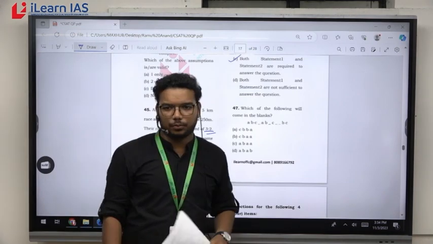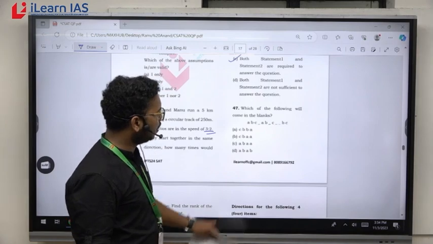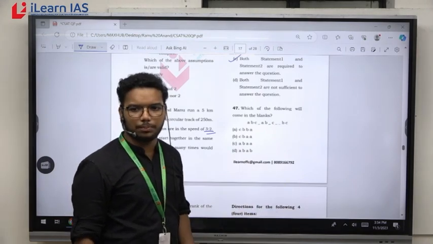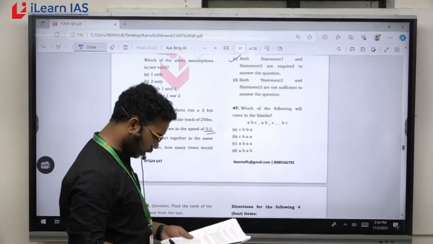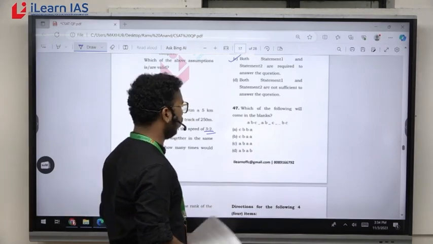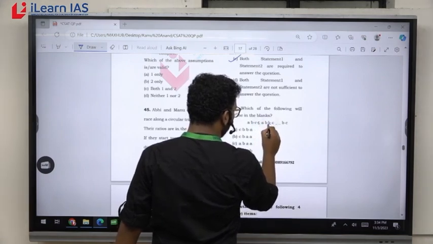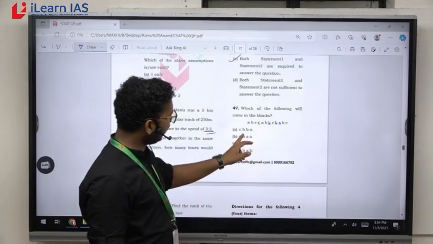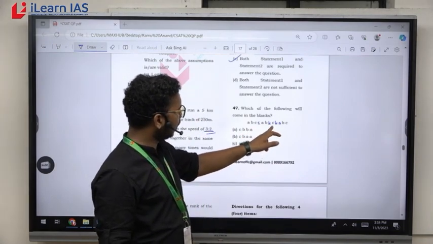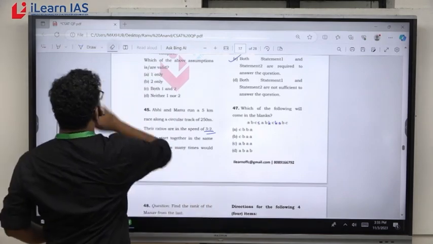A series type of question. For such questions, just put the values in the series and look whether it is following or not. Look, first I am putting in the options. C B B A, A B C C, A B B C, B A B C. No following, no following.